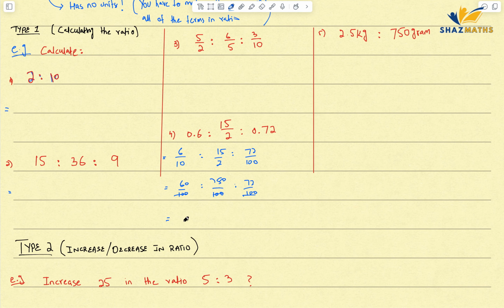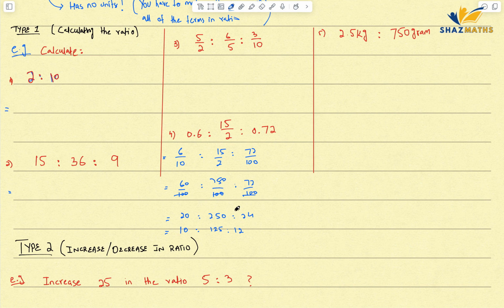It's going to be 20 ratio 250 ratio 24. I can see that they can be simplified further. So let's simplify them by 2. It's going to be 10 ratio 125 ratio 12. So that should be my final answer.